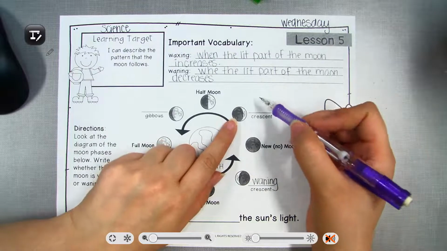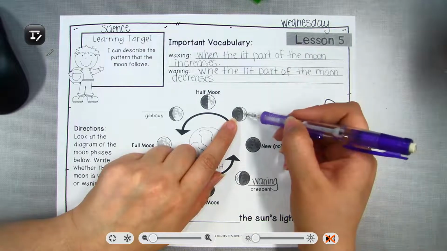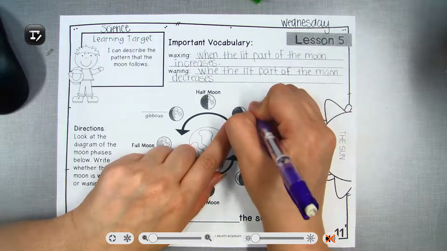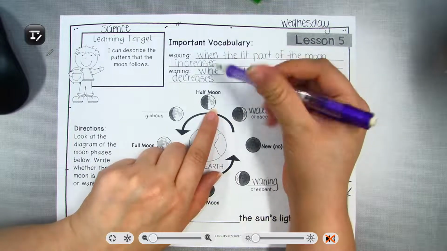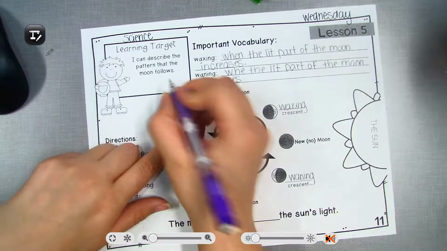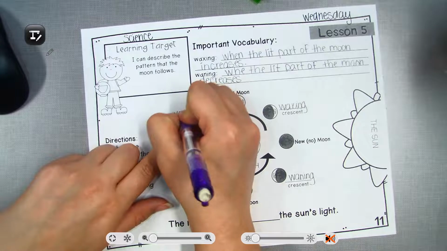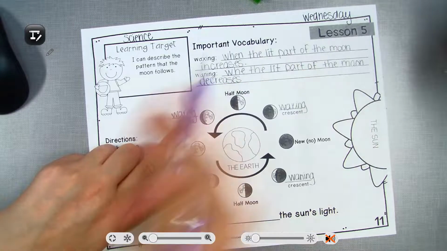Then we go to crescent, where it's starting to light up again. So the light is increasing. So this is waxing. Then we go to half moon again, and if you notice, the light is coming back, and then we have gibbous, which is waxing. Because if you notice, the dark part is starting to leave again.